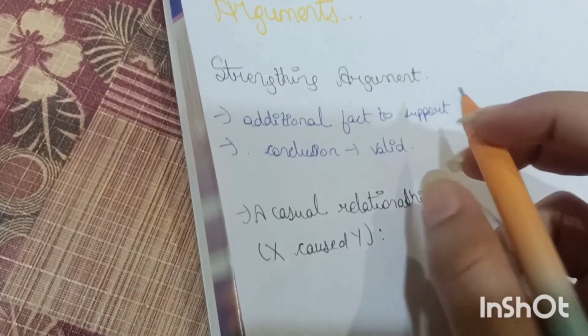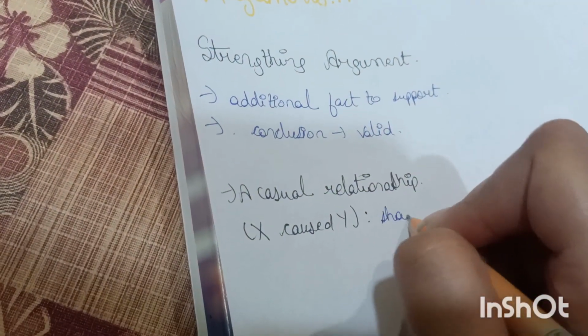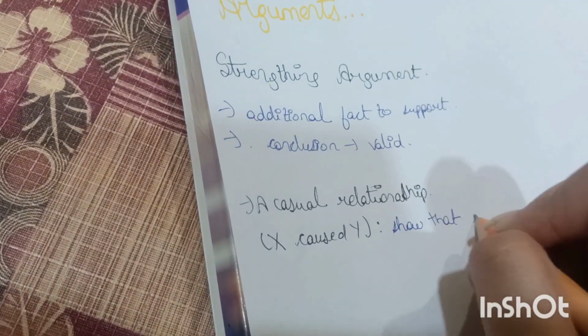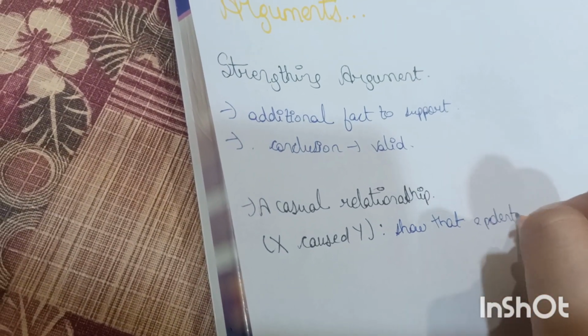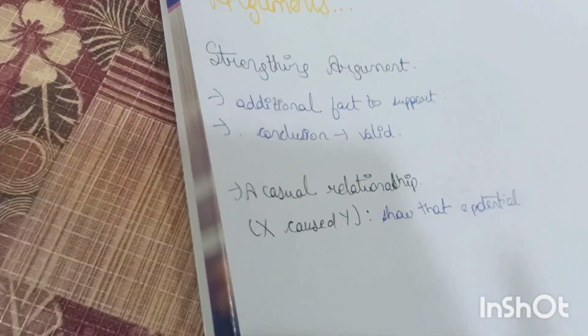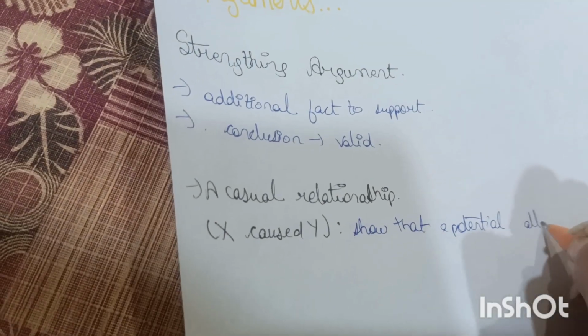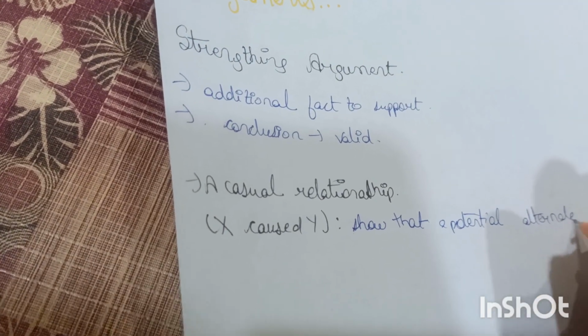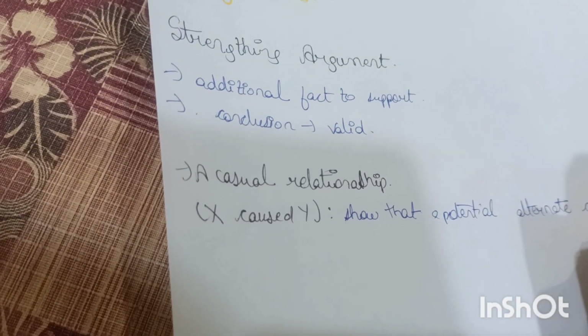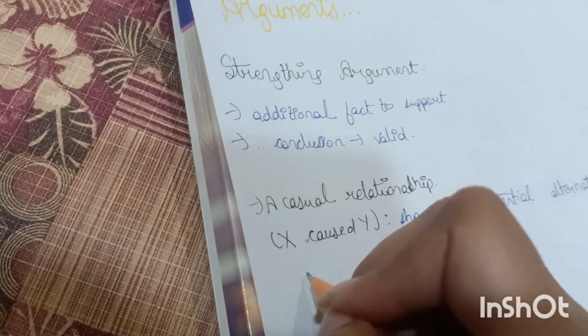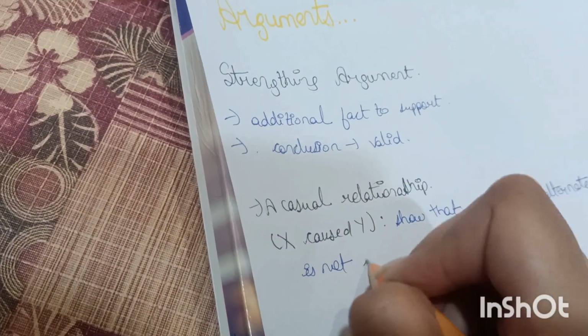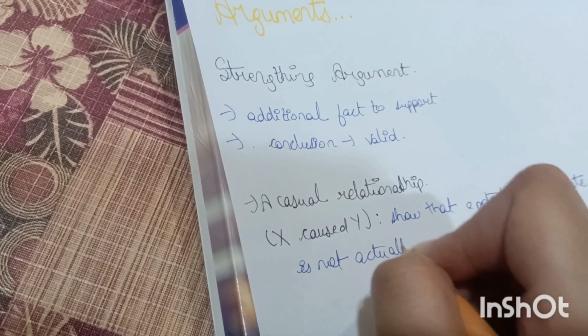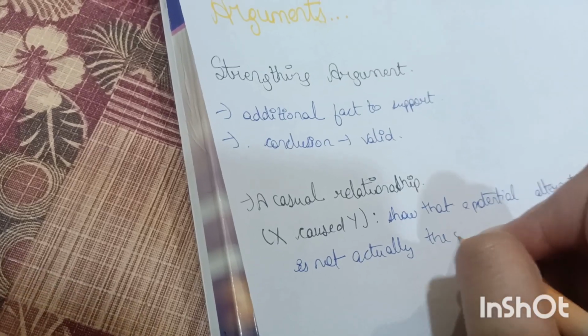Let's write it: show that a potential alternate cause is not actually the cause.